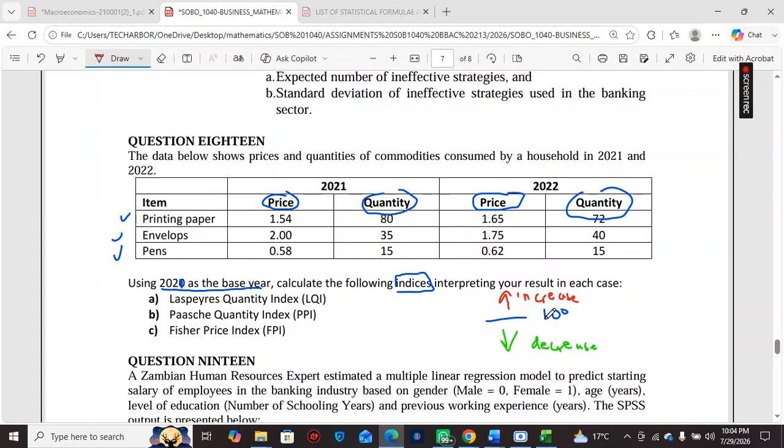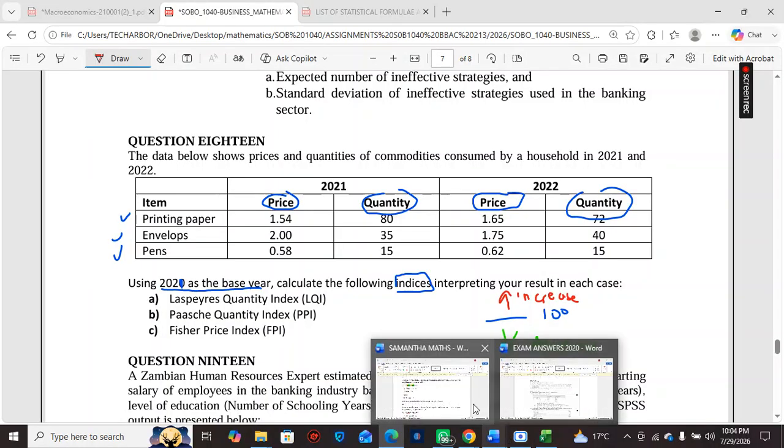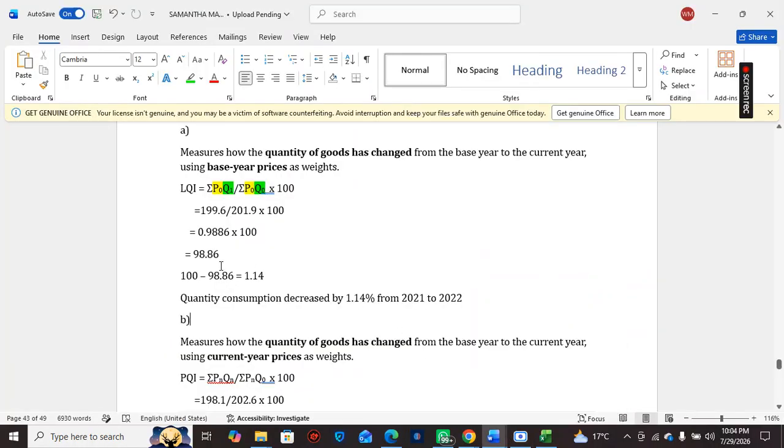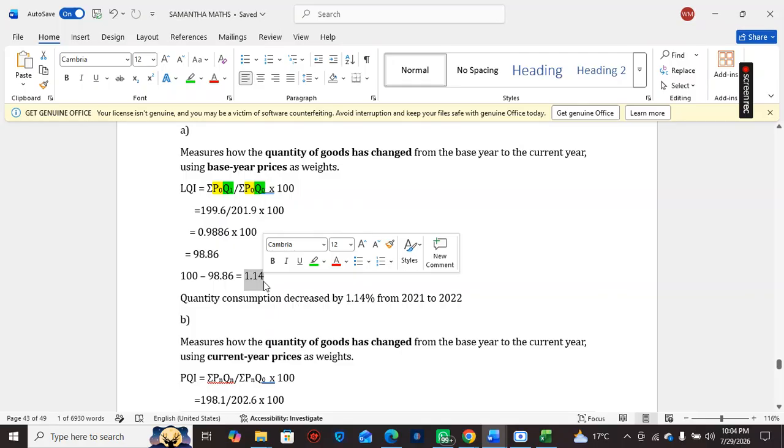So in our question here, they've told us that our Laspeyres quantity index is 98.86. Since our point of reference is 100, you say 100 minus 98.86 is 1.14.